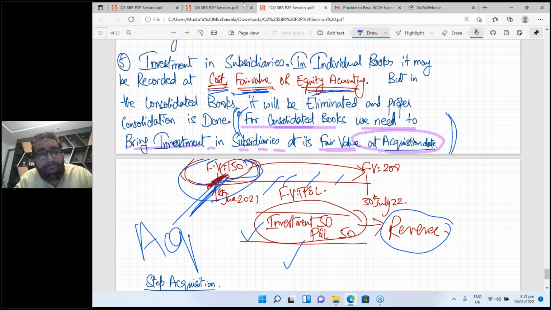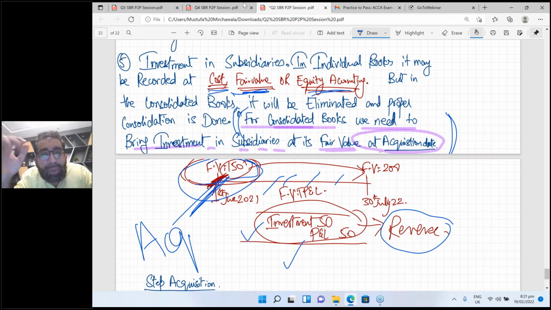Otherwise, you know what will happen? Two parallel accountings will work in consolidated books. You will be booking the gain on shares as well as recording the profits of the complete subsidiary. So this will be double accounting.